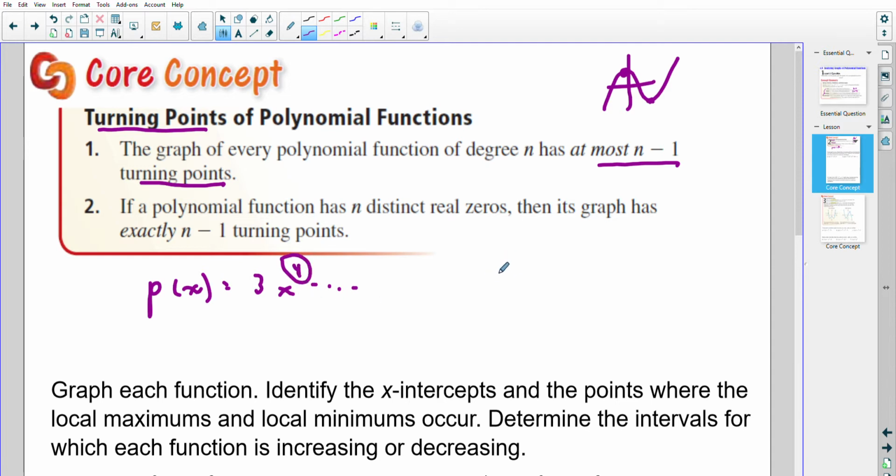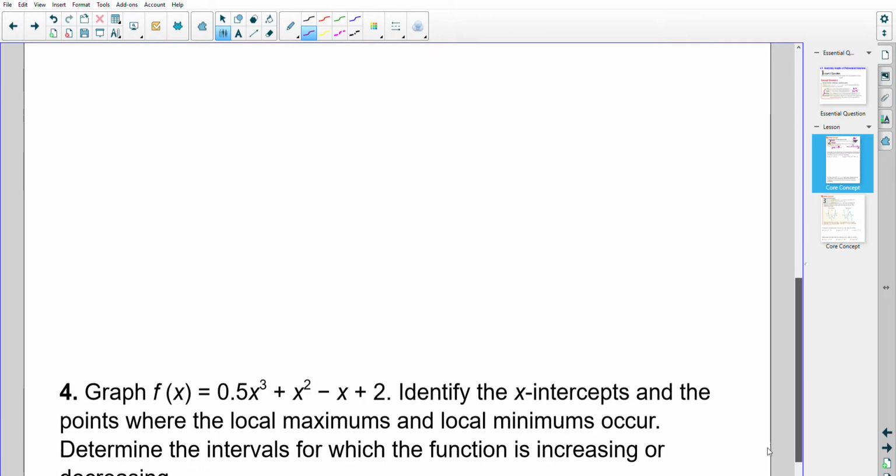So at most, it has a maximum of n minus 1, or 3, right, because that's 4 minus 1, 3 turning points. And so it's always going to be n minus 1. Moving along, that's all I wanted to do with turning points.